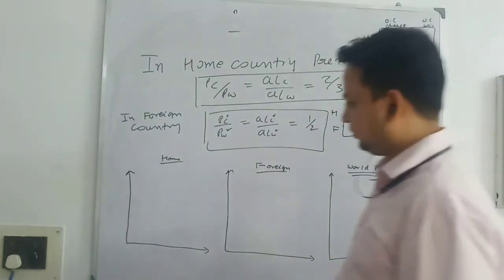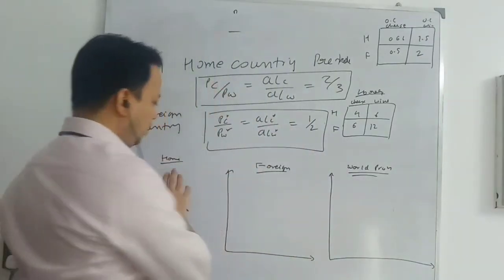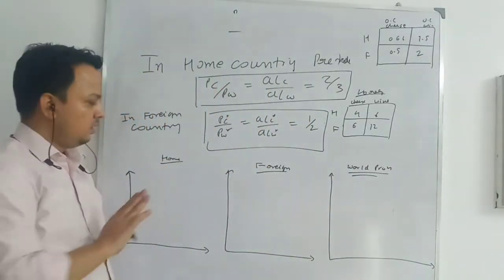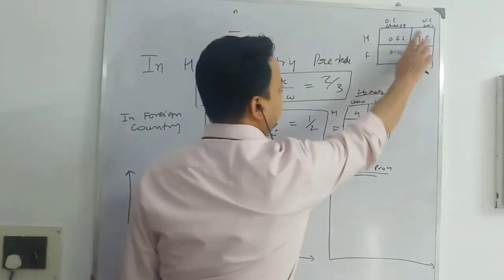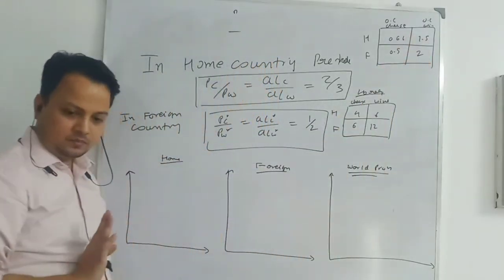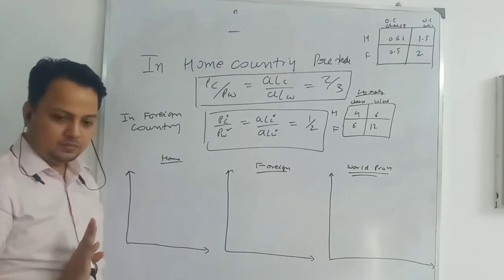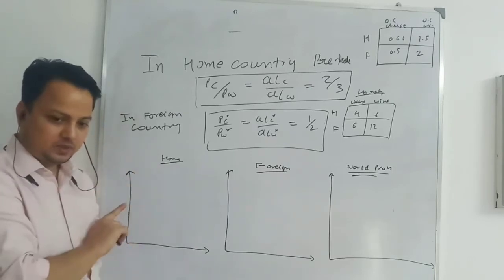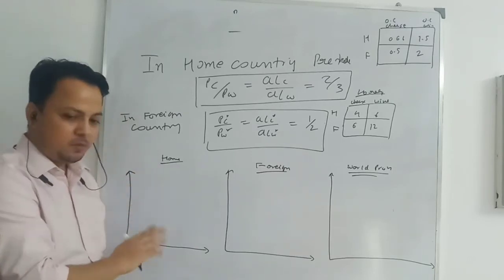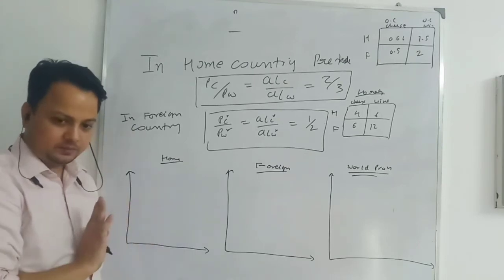Now, the home country has the lowest opportunity cost in producing wine, right? Yes or no? So if the home country specializes in the production of wine, it can produce a maximum of how much? 400 units of wine, right?